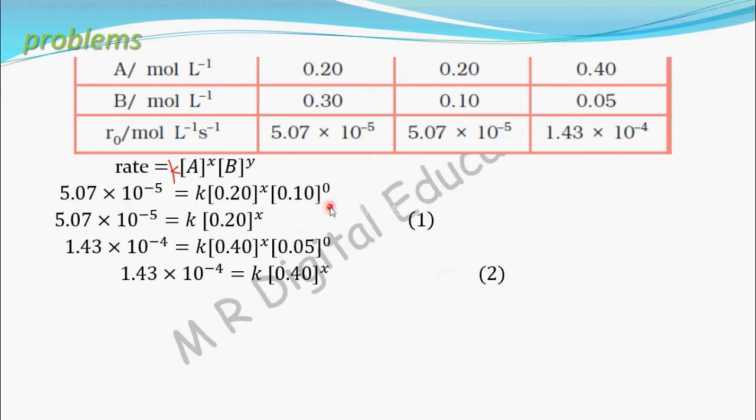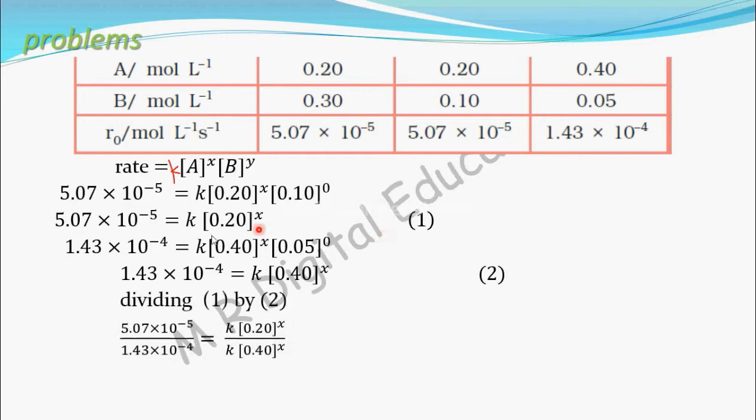Now solve these equations 1 and 2. You will get x value. How do you solve? Divide equation 1 by equation 2. So what you get? 5.07 into 10 to the power minus 5 divided by 1.43 into 10 to the power minus 4 equals k into 0.20 to the power x divided by k into 0.40 to the power x.